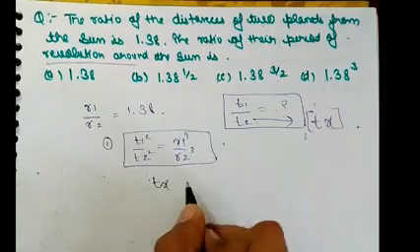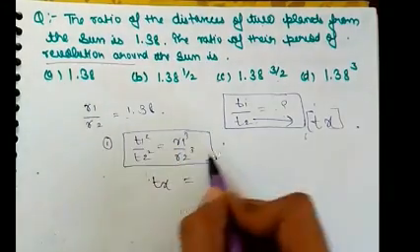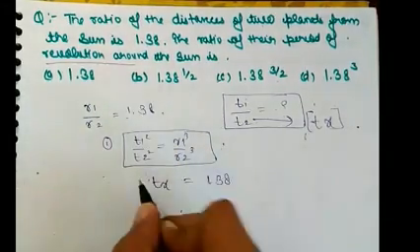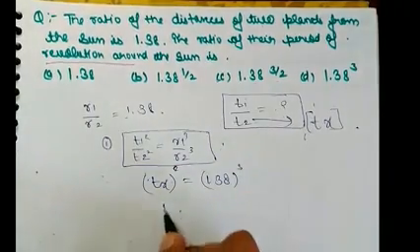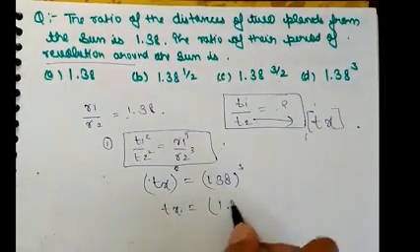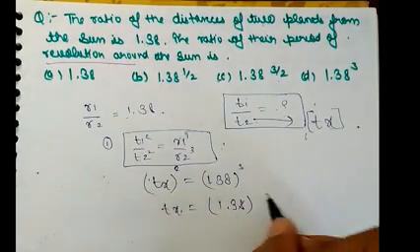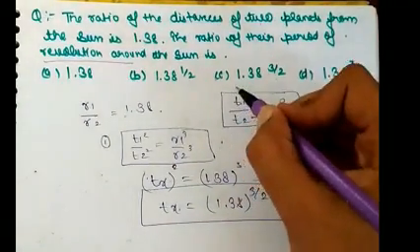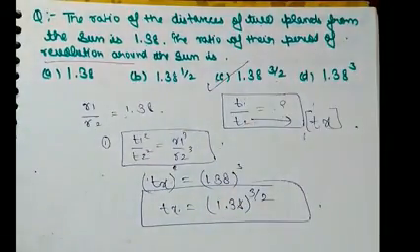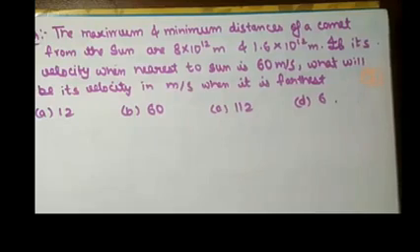So Tx will become, the value of r1 by r2 will be 1.38. Here it is square, here it is cube. Now we have to just move the power from the entire side to here, and we are going to get our answer. So this is our answer. This is how we are going to solve the questions of Kepler's third law.